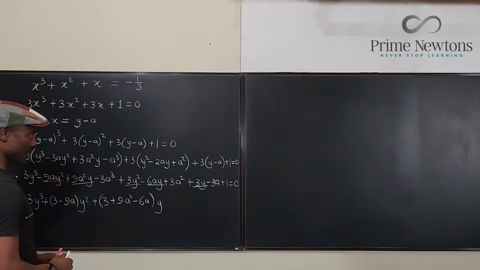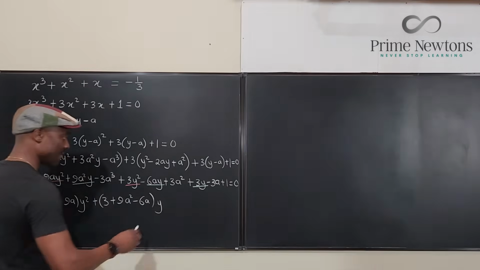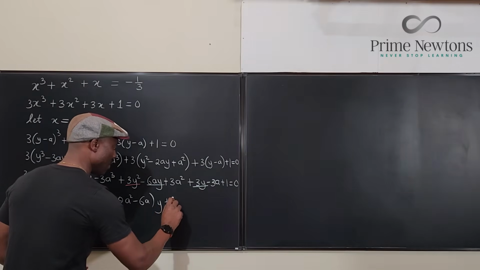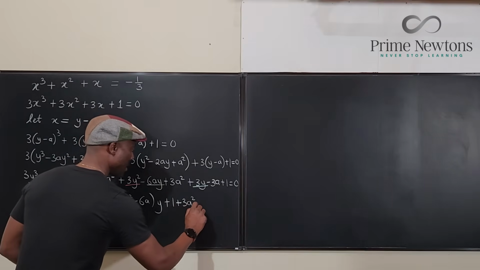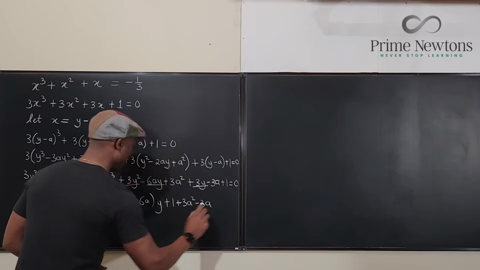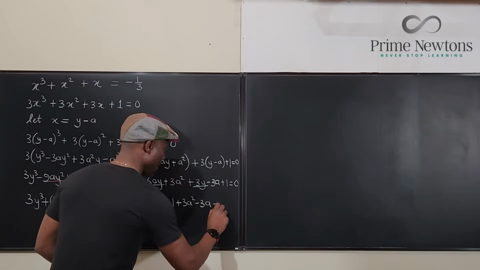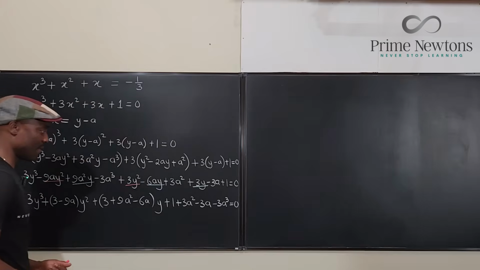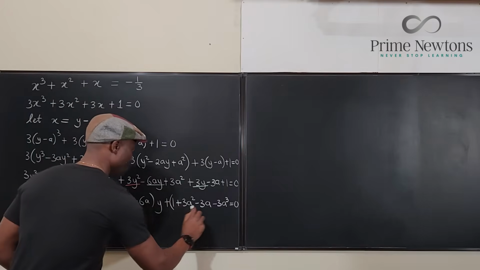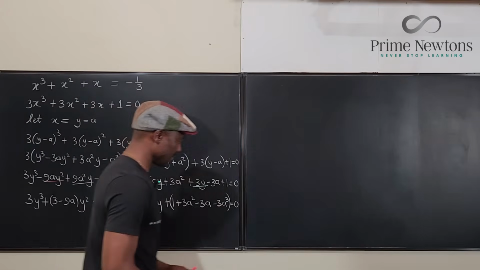So we're going to have plus 1 plus 3a squared minus 3a minus 3a cubed equals 0. Okay, so all of these constitute the constant.